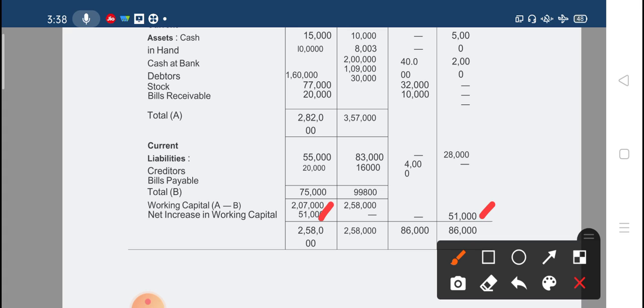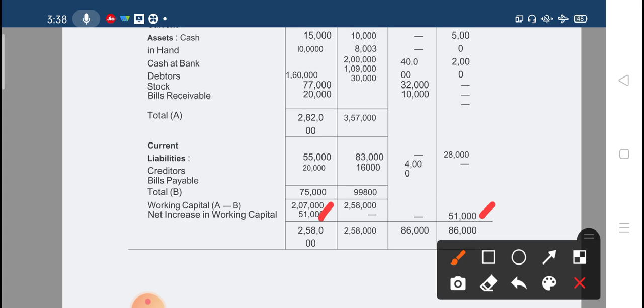I hope you understood how to prepare a schedule of changes in working capital, which is the first step in preparation of fund flow statement. After finding the net increase or decrease in working capital, the next step is preparation of adjusted profit and loss account to find out the fund from operation or application of funds loss from operations.